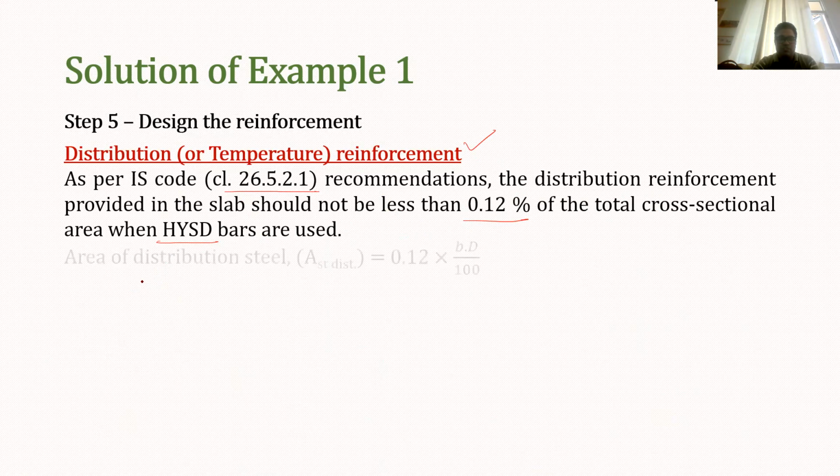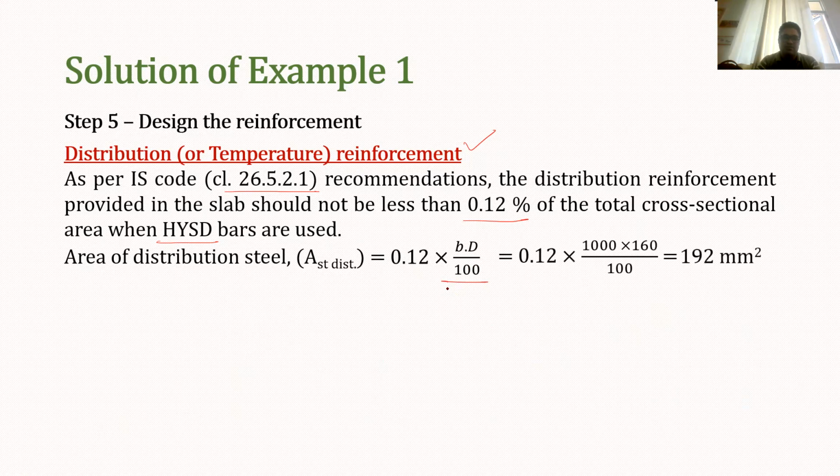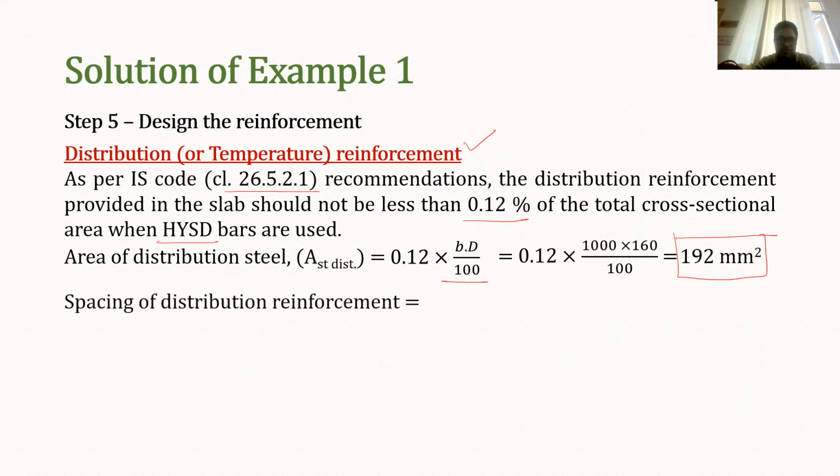So the area of distribution bar in this case would be 0.12% of the total cross-sectional area, which is B into D by 100. Putting all the values, we get the area of distribution bar as 192 mm square. Now again, assuming the distribution bar dia as 8 mm.